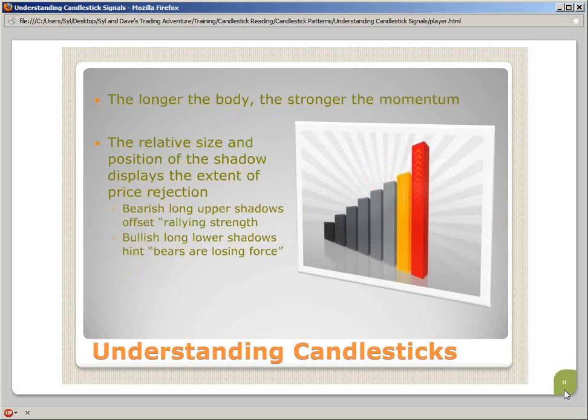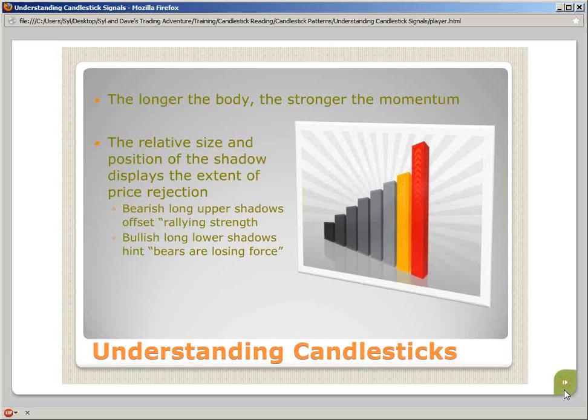The other thing, the real body: the longer the real body, the stronger the momentum. Makes sense, right? The longer it is, the bigger it is, the stronger the momentum. The relative size, and the position of the shadow above or below, also displays the extent of price rejection. So that's what I mean when I say the candlestick really gives you a lot more information, the true force. The size of the real body will tell you if it's weak or strong.